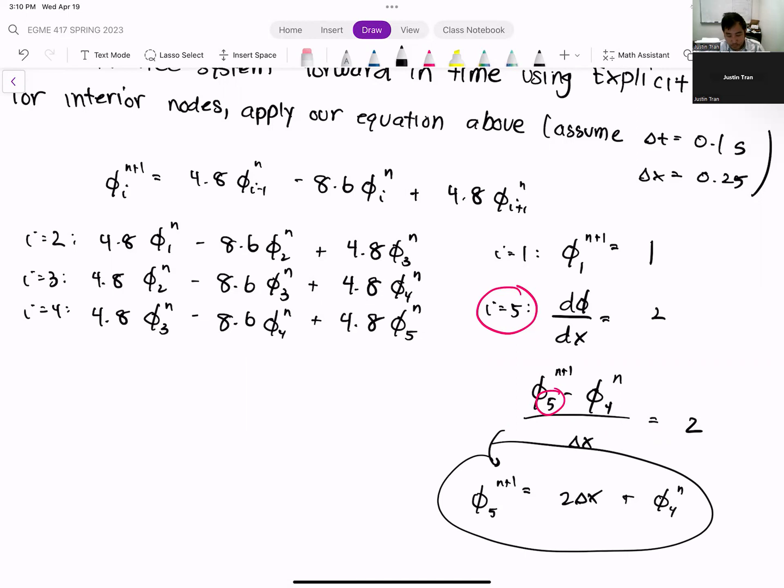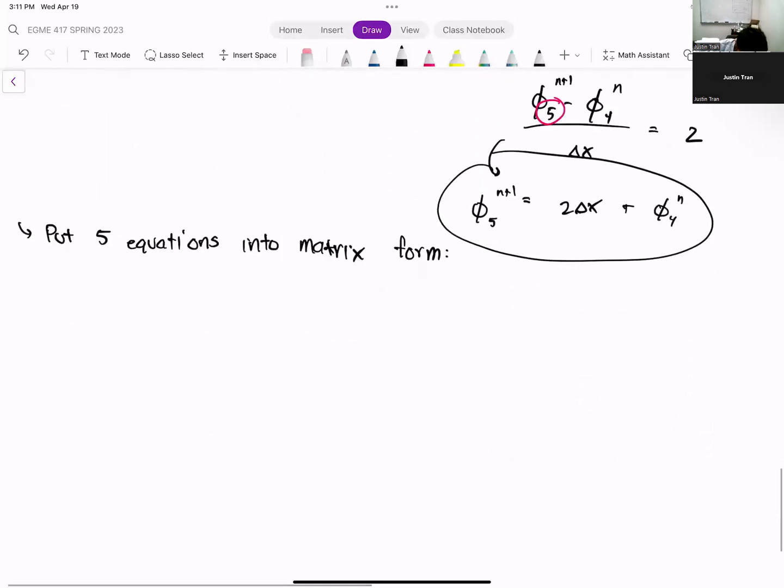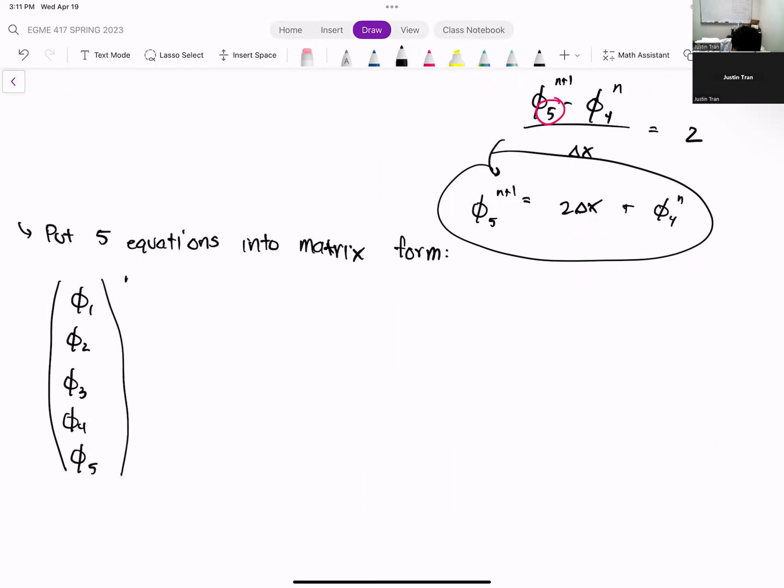Okay, all right, so let's go ahead and put these into matrix form. So you have phi1, phi2, phi3, phi4, phi5, all on the left-hand side, so that's going to be n plus 1.